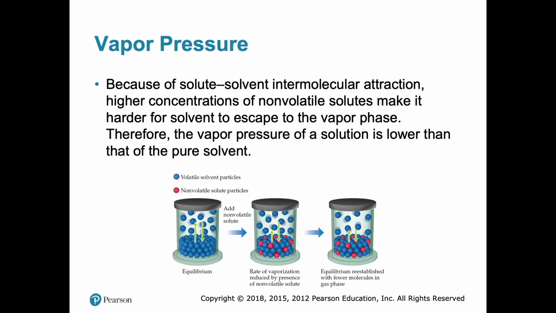And so when you add some salt to the solvent, it makes the vapor pressure lower. So now less molecules of for example water are becoming a gas. More molecules of water are becoming what? A liquid, right?